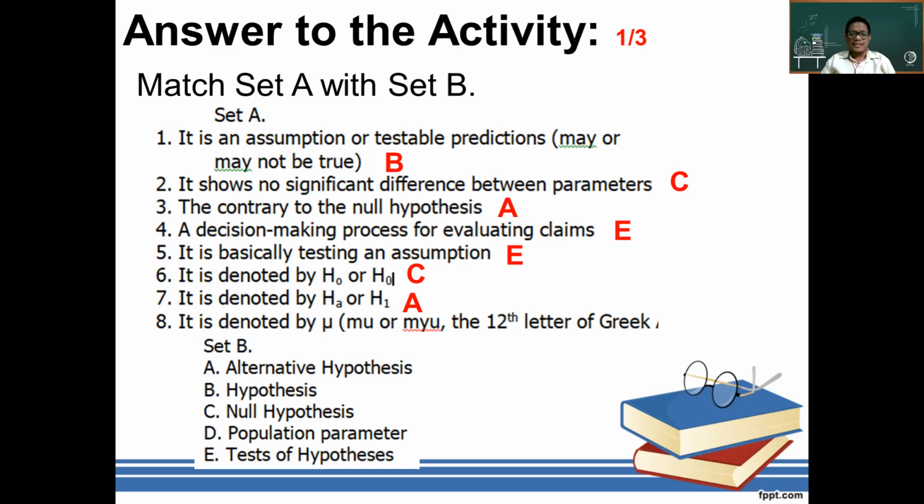Of course, letter D. It is the population parameter, or it is called parameters. So if you have 2 parameters, you can say that it is mu1 and mu2. So you can state that one.